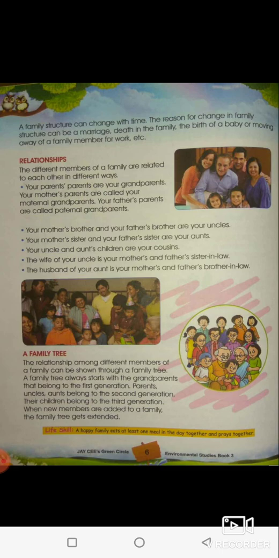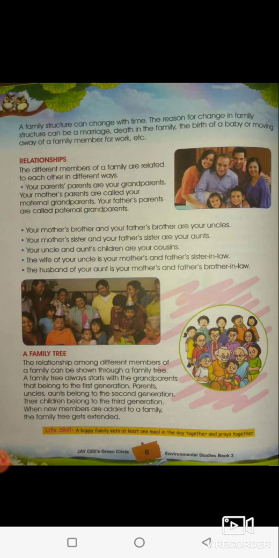Uncles and aunts, and their children belong to the third generation, like yourself. Grandparents first generation, parents second, and you would come in third generation. So their children belong to the third generation. When new members are added to a family, the family tree gets extended. So you keep extending the family tree.